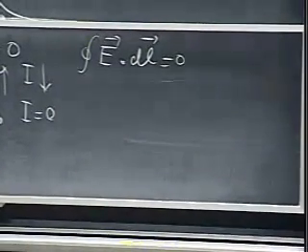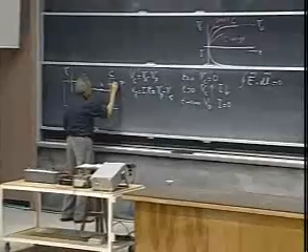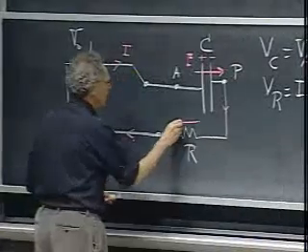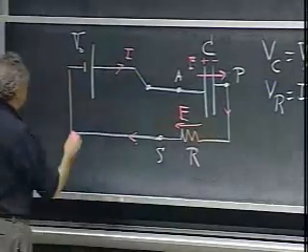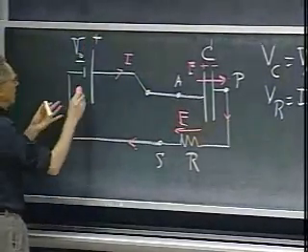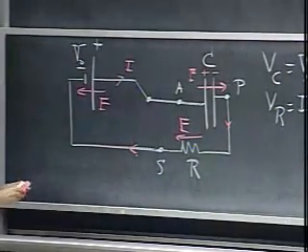There is no magnetic flux change here. We don't have self-inductances. The electric field inside the capacitor is in this direction, from plus to minus. The electric field in the resistor is in this direction. The current is flowing in this direction. And this battery, which has this as the positive side and this as the negative side, inside the battery, the electric field is in this direction.